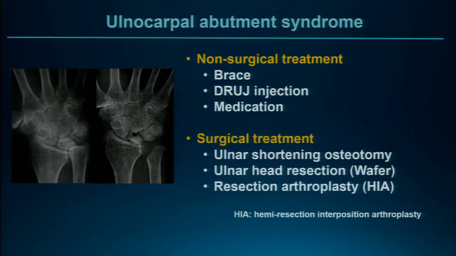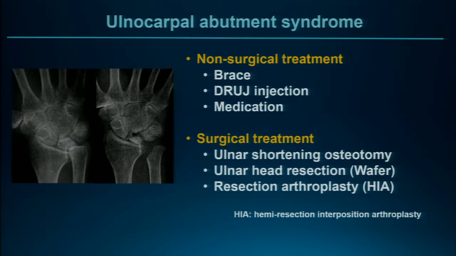The treatment of ulnocarpal abutment syndrome is non-surgical and surgical. If the non-surgical treatment fails, we do a surgery depending on the site of the osteoarthritis.